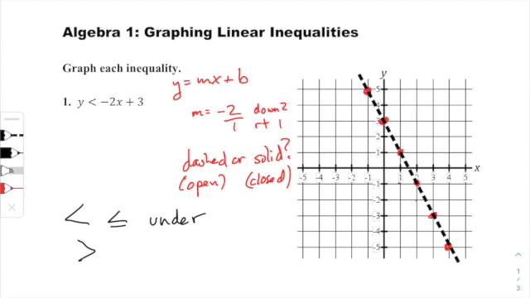If you have greater than or equal, you'll shade above the line. So in this problem, it says y is less than, so I'm going to shade underneath the line. You can start at any point you want. If you have trouble visualizing this, focus on any point on the line and then just shade below it. And now you're just going to shade everything below that line, it's all part of the solution.